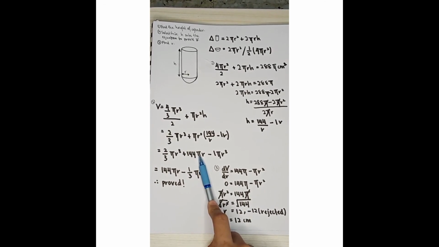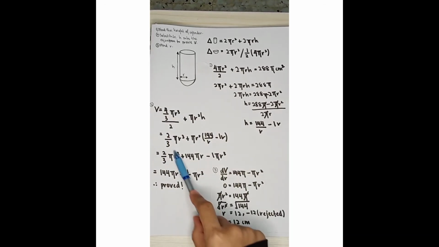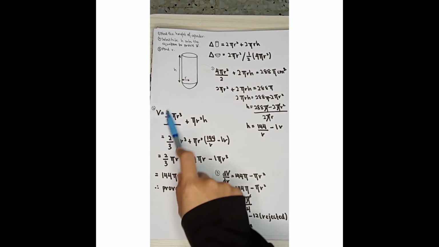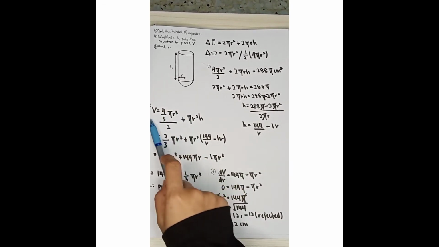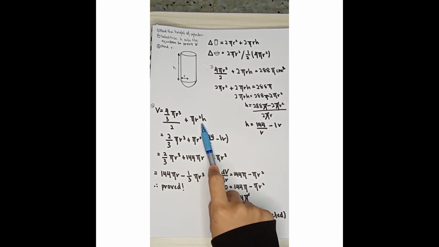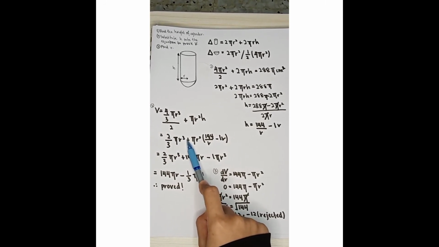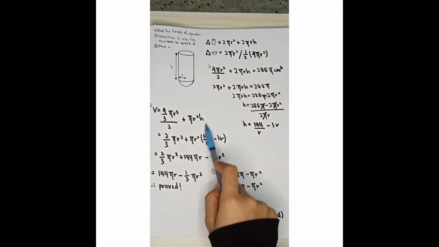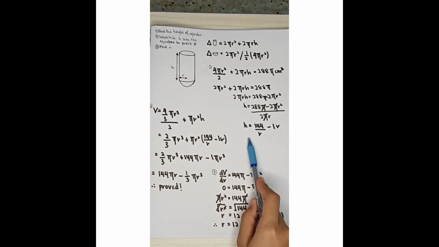So for the second, we need to prove V. The equation of the volume for this container will be 4 over 3 pi r cubed divided by 2 plus pi r squared h, equal to 2 over 3 pi r cubed plus pi r squared h. The h here will be replaced with the h that we got.